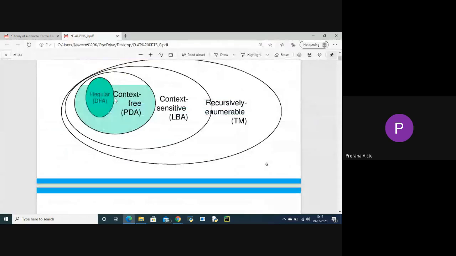Please concentrate on context free grammars, finite automata, and pushdown automata.